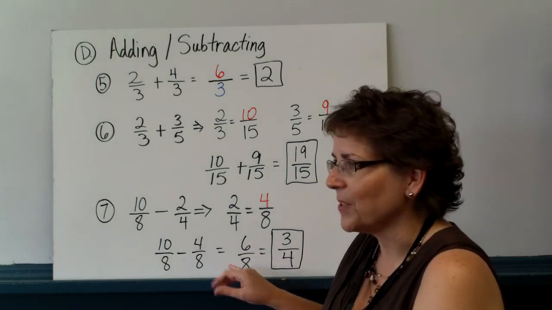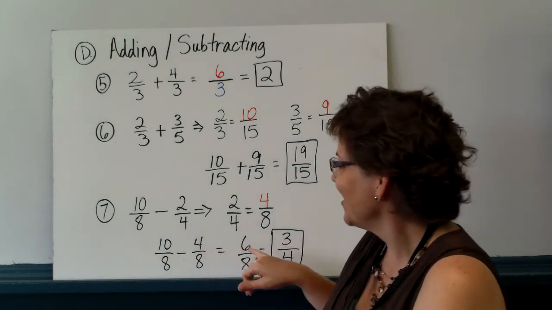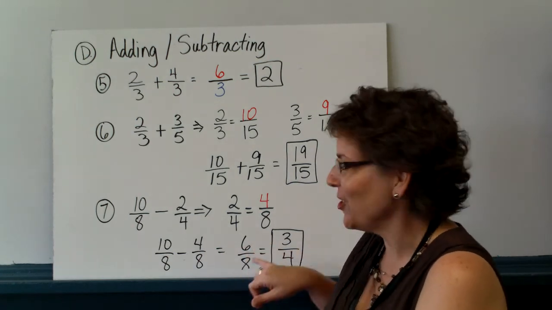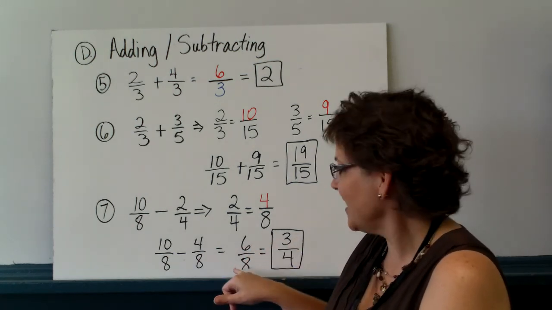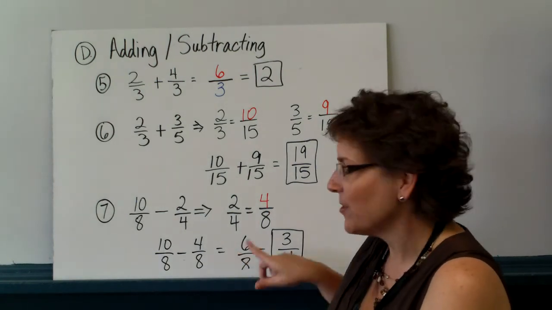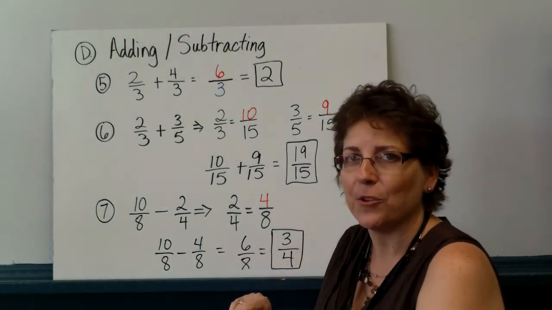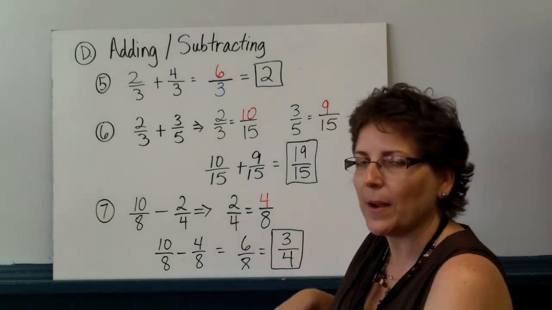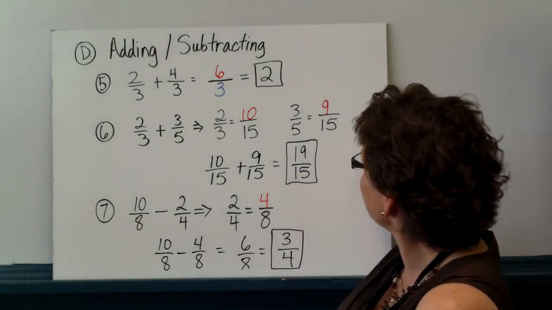I can think, okay, 2 goes into both of those. So 6 divided by 2 is 3, and 8 divided by 2 is 4. My final answer is 3/4. I can't reduce any further than that, so I've got the box around it to show it's my answer.